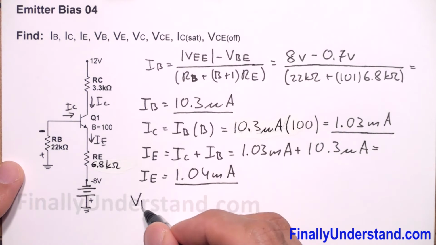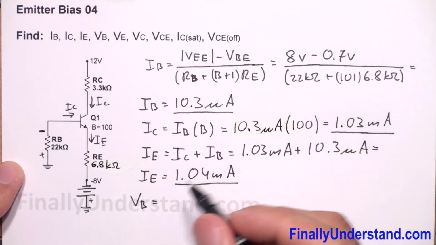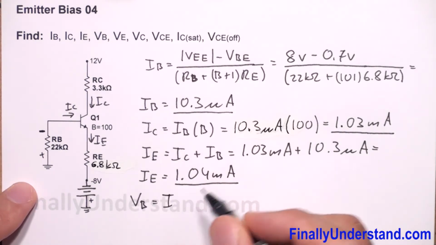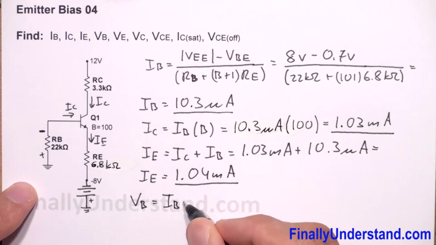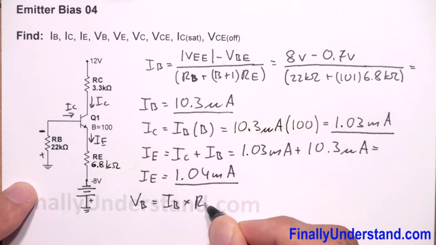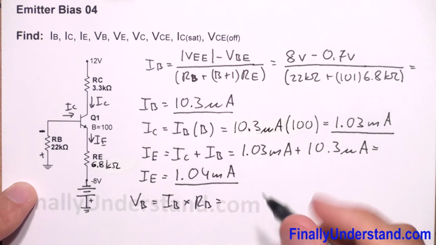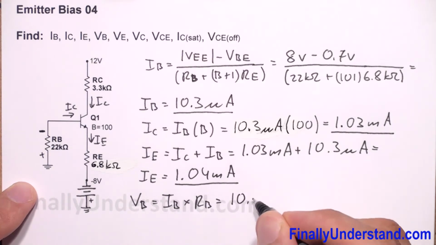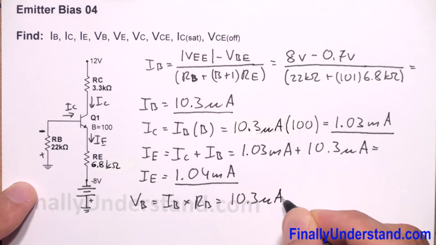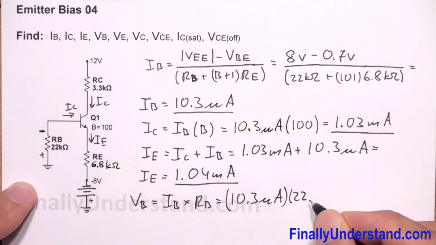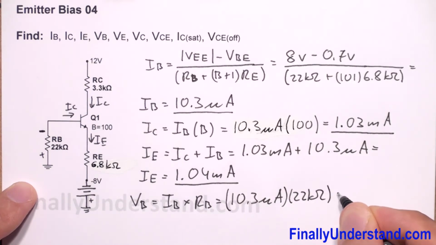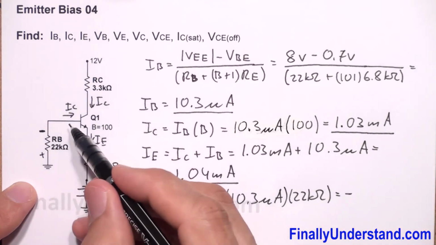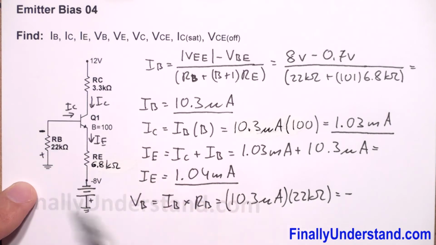So VB is going to be equal simply to IB times RB, where IB is 10.3 microamps times RB, which is 22 kiloohms. Keep in mind this is going to be negative because we have a negative sign over here.